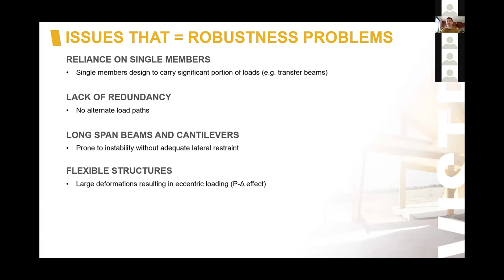You might have it fully restrained generally, but if you had an event where you have a damaged floor, the extent of which is not considered disproportional to the localized damage, this still may remove a relatively significant amount of that lateral restraint, which then could lead to failure due to lateral torsional buckling of these elements. And then flexible structures, so excessive or large deformations that might result in eccentric loading and P-delta effects.